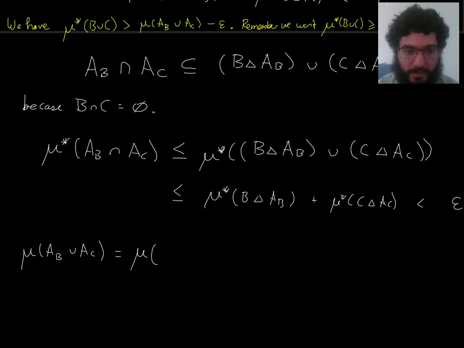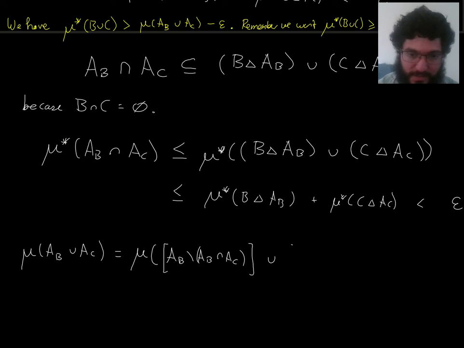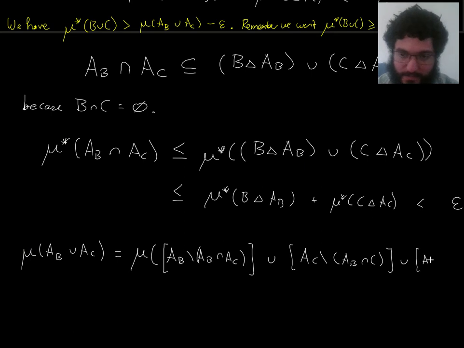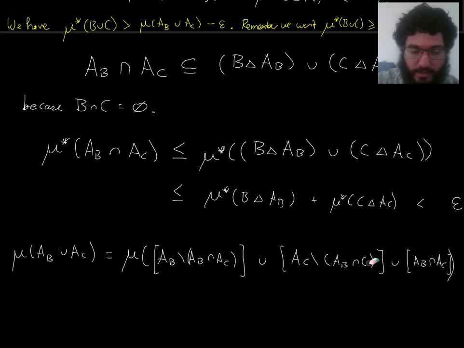So I'll just rip out the intersection, like this, lots of parentheses. Then I'll rip out the intersection from this one, and then I'll union in the intersection again. And I see the typo there.